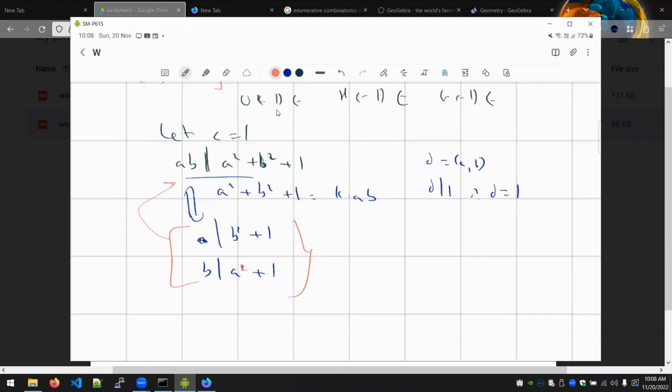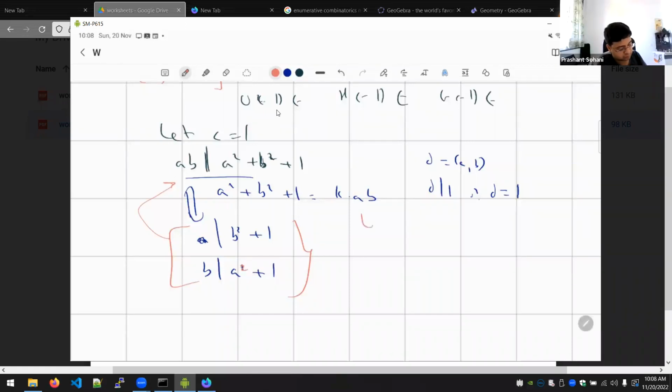Sir, I'm getting that ab will not divide a square plus b square plus 1 for any a and b. Why? What I did was, let p be one of the prime factors of a.